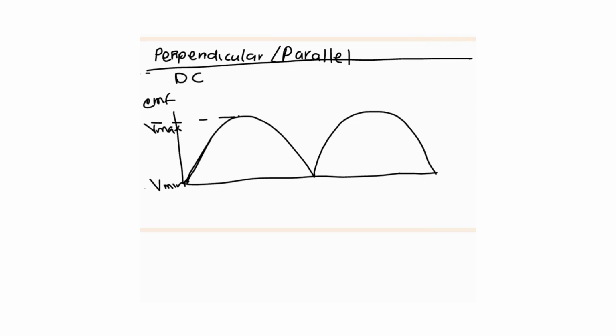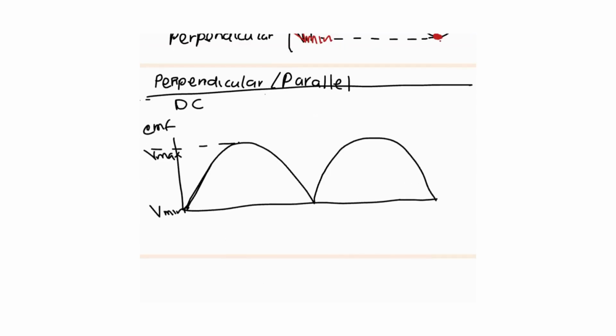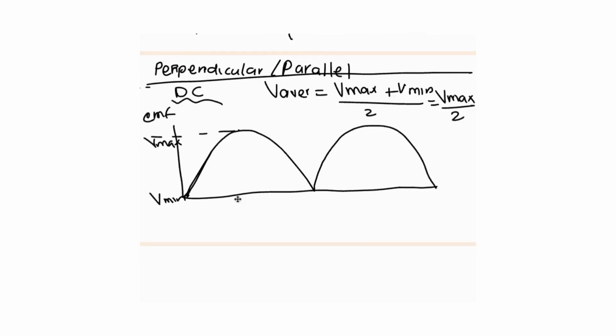So from this graph we can calculate the average EMF, V average. It's going to be Vmax plus V min divided by 2, but because our V minimum is 0, it's just Vmax divided by 2. That is how we can find the average from a DC, a direct current graph.